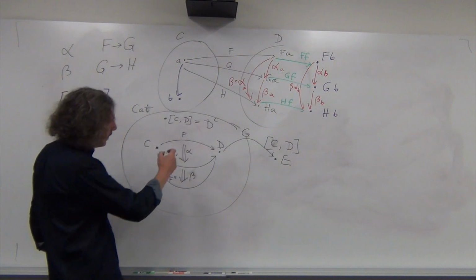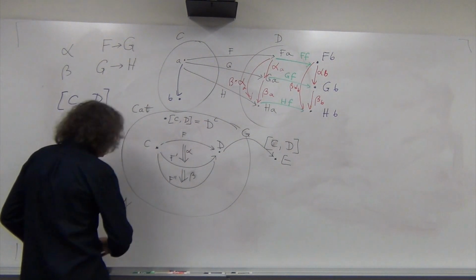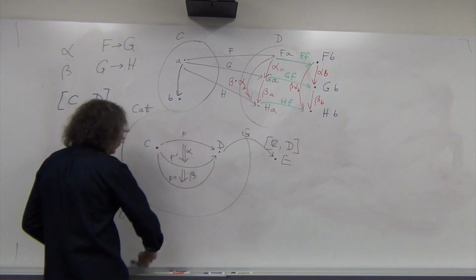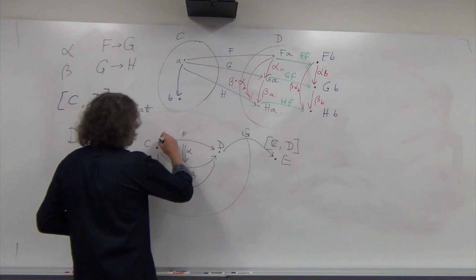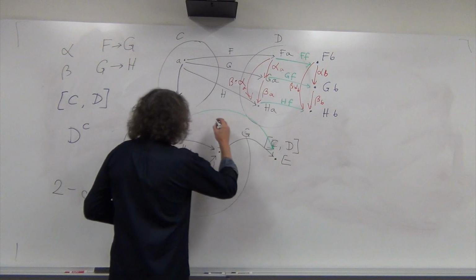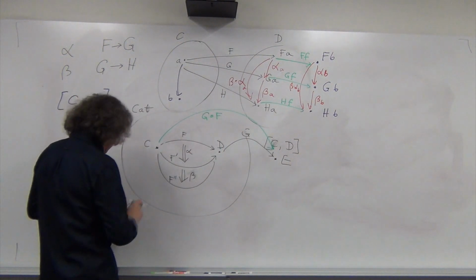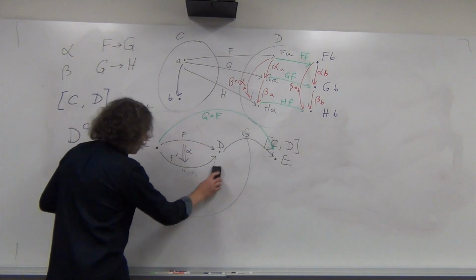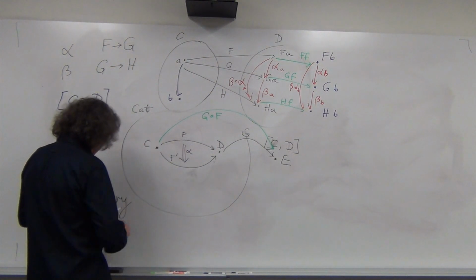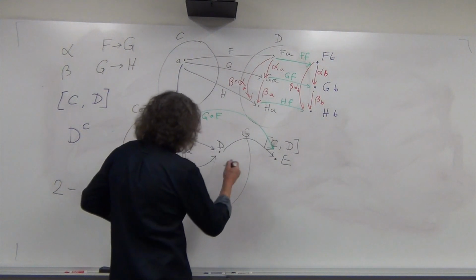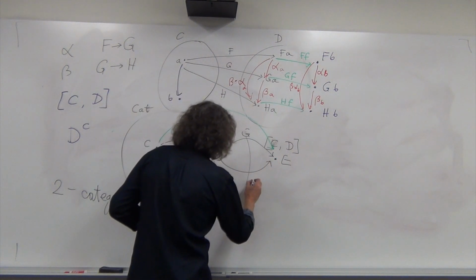So if you have composition of functors here, you can compose these two functors. So this is G after F, right? Let me get rid of this guy first. Okay. So we have G and G prime.